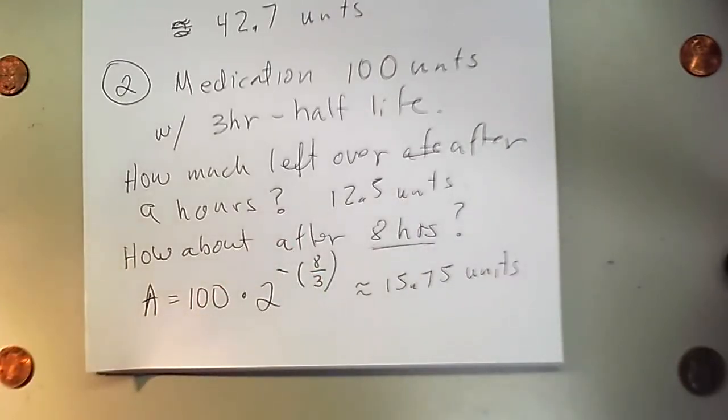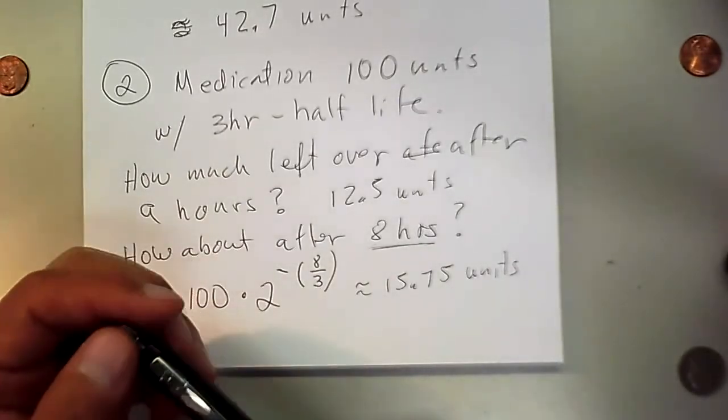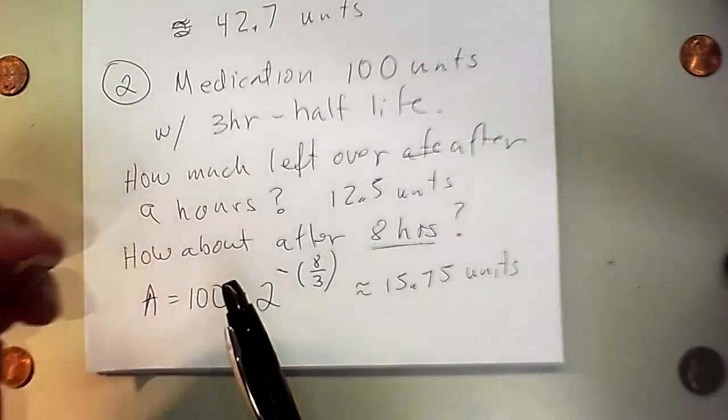So things that decay are chemicals in nature, substances that are in our body, they decay exponentially. And perhaps other things that I cannot think about right now, but a lot of things in nature, in biology, in chemistry, do decay. If they decay exponentially, there's also growth. There's exponential growth.